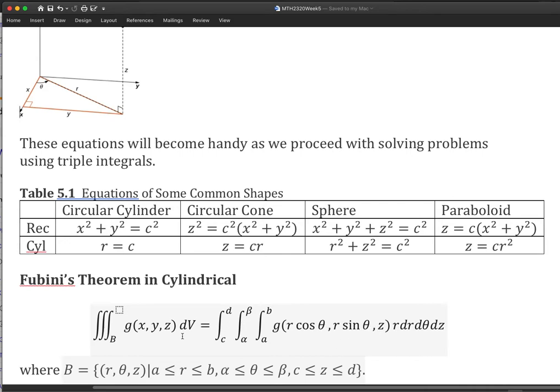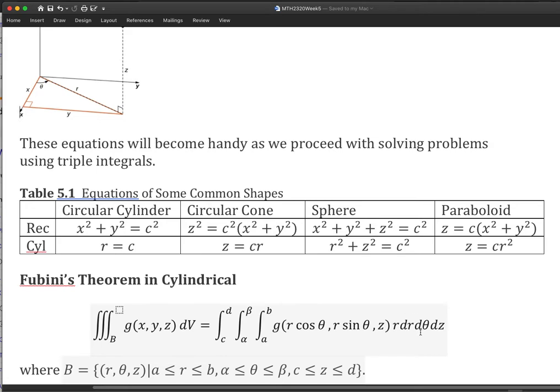And don't forget, this part, basically dV, has dx, dy, dz. dz stays because the z coordinate is unchanged. Then dx, dy is for the area, right? And when we use polar coordinates, you use r dr d theta to replace dA or dx dy.